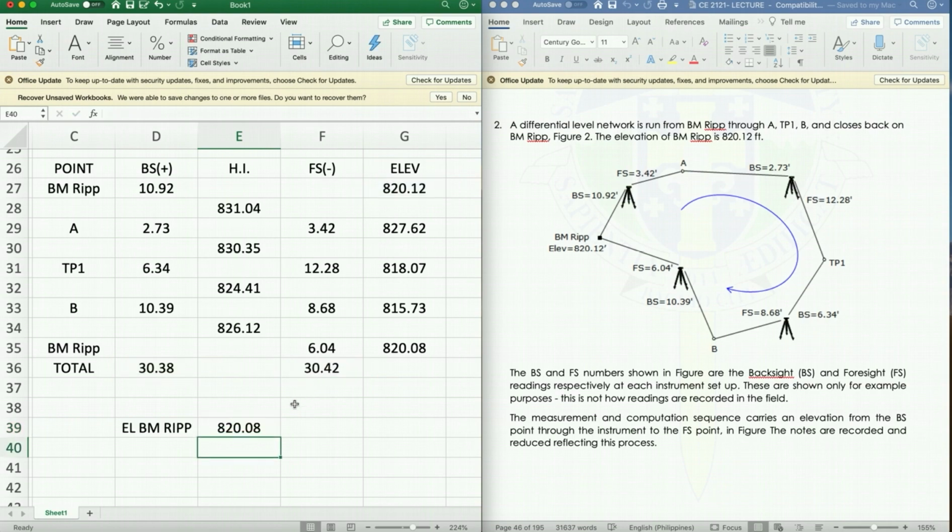And that's your elevation of BMRIPP. So they should give you the same answer.